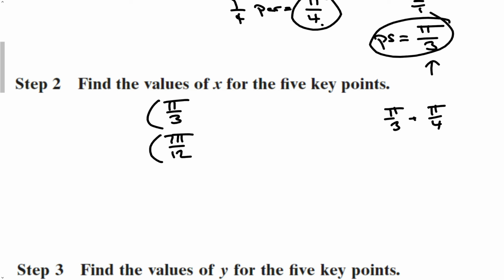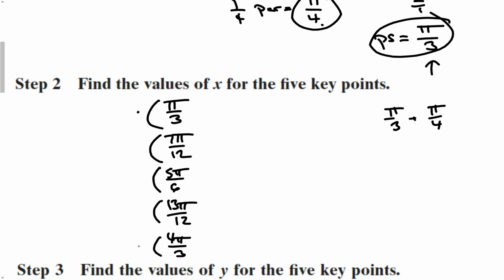Then we add another quarter period. So we take 7 pi over 12 and we add pi over 4. Common denominator, reduce it when you're done, and we get 5 pi over 6. Then the next one, 13 pi over 12, and finally 4 pi over 3.